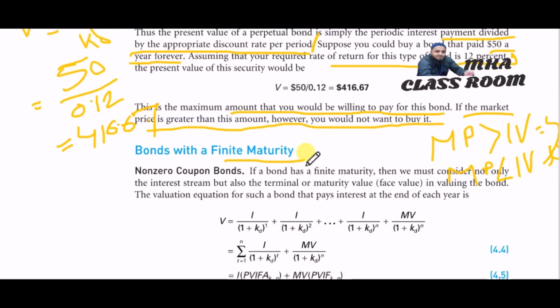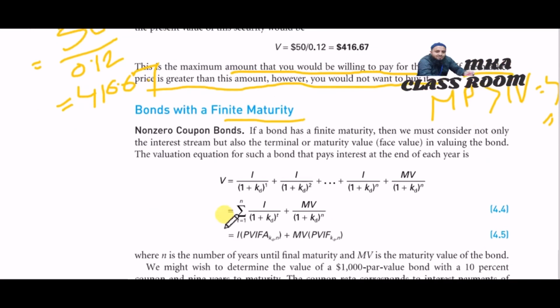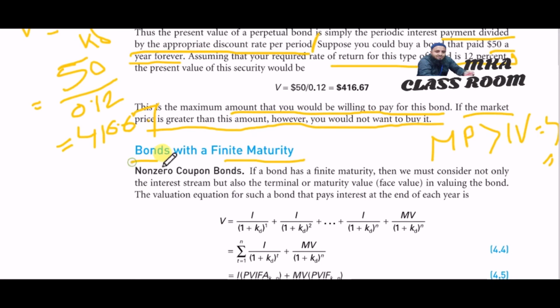Now we are going to discuss finite maturity. So here we will see the non-zero coupon bond and the zero coupon bond. For finite maturity, it should be non-zero coupon bond and zero coupon bond.